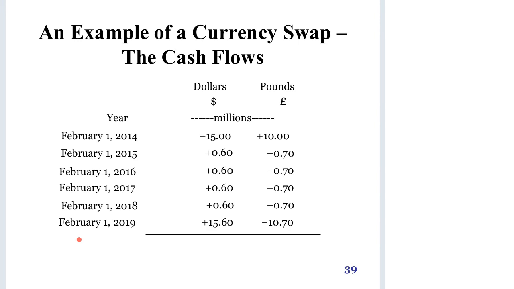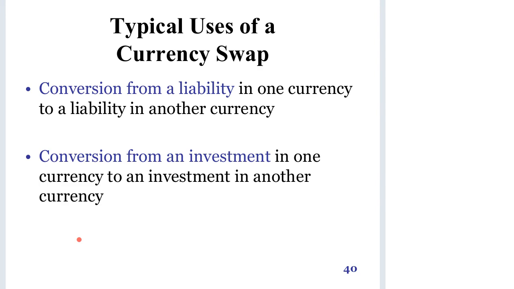Subsequently, IBM keeps on earning $0.6 million from BP and pays out 0.7 million pounds to BP. At the end of it, IBM earns $15 million plus the interest of that year, which is 0.6, and pays out 10.7 million pounds to BP. The reversal. Right?